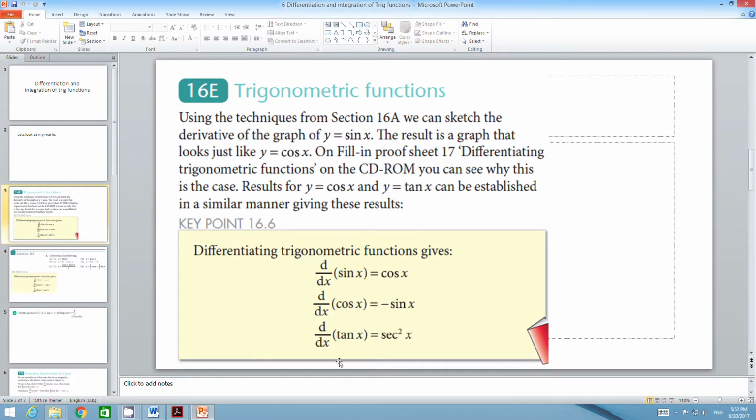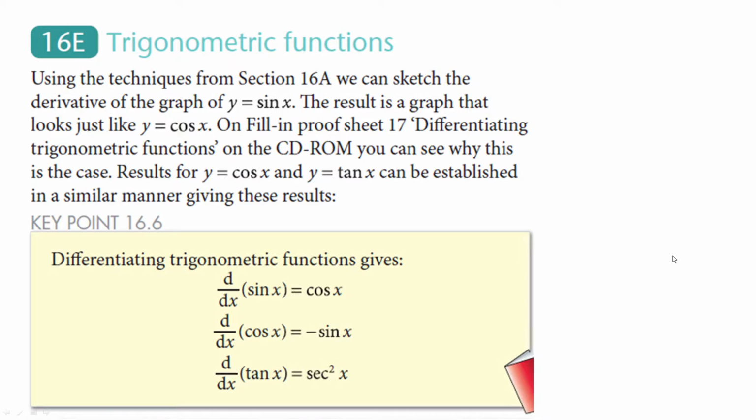So let's go back to our PPT. We will see here that the derivative of sine of x is equal to cosine of x. The derivative of cosine of x is equal to negative sine of x. Do not forget about this, and when we integrate it's going to be the vice versa. The derivative of tangent of x is equal to secant square of x.